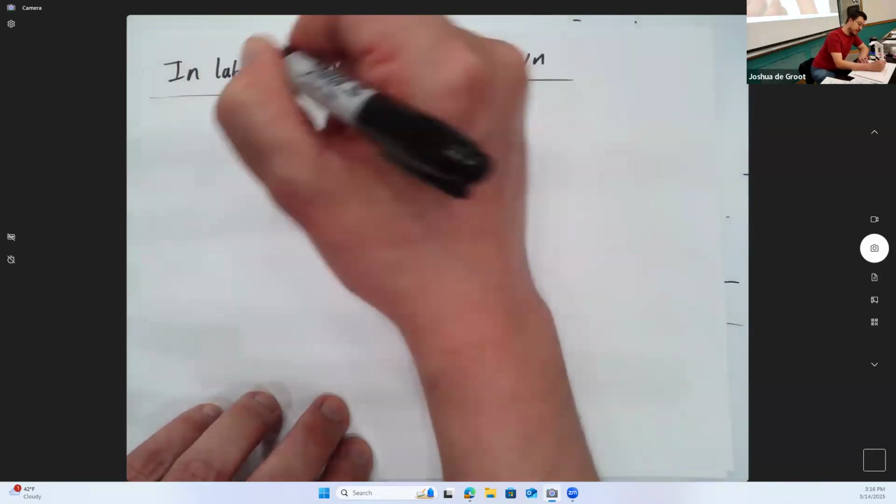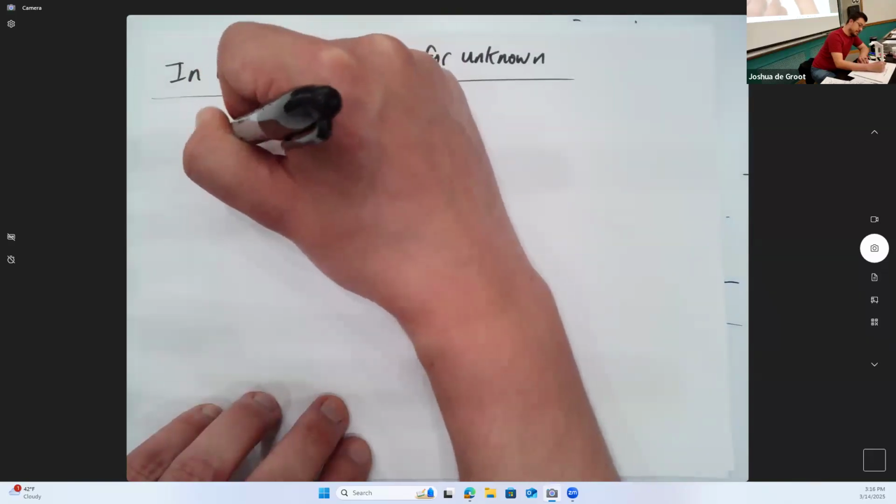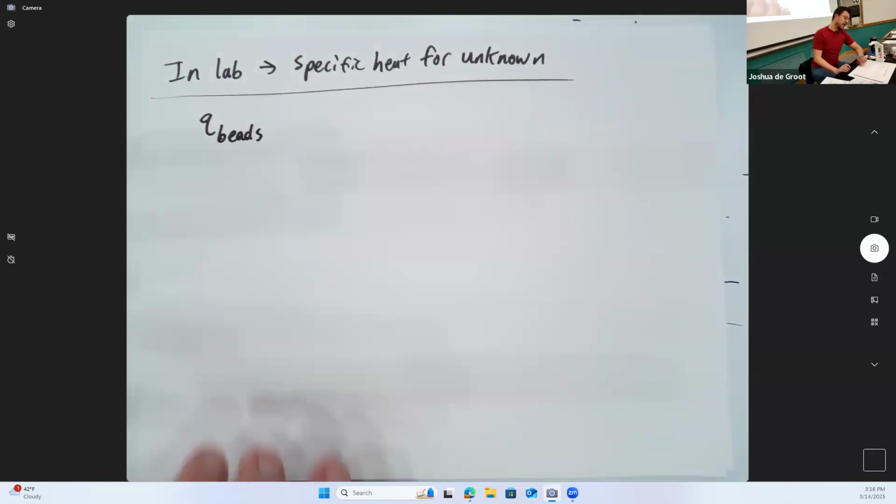And we do that through a heat transfer. So you heated up the beads. You got them to a hot temperature and it has a certain amount of heat in it.